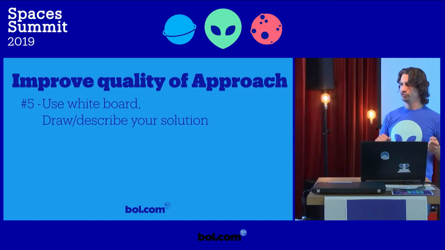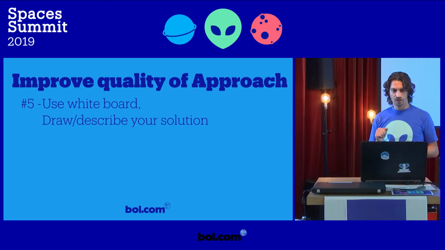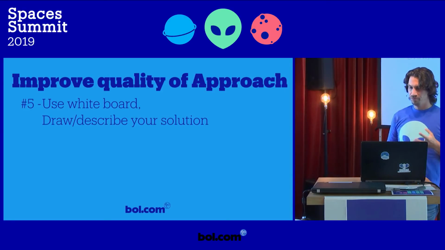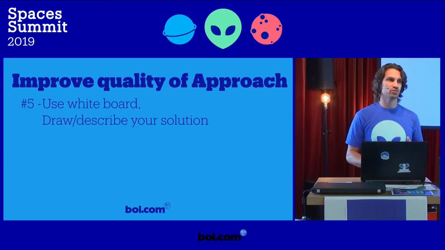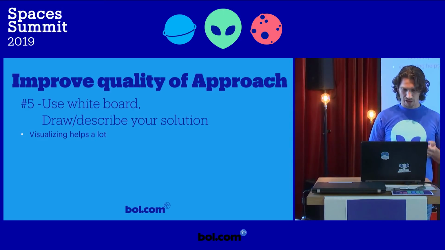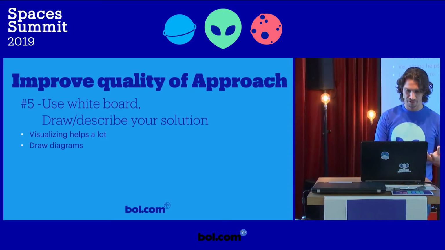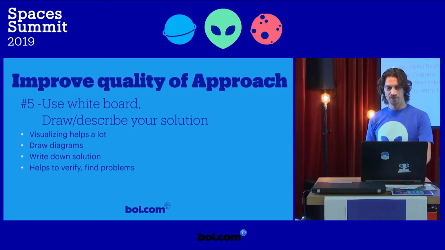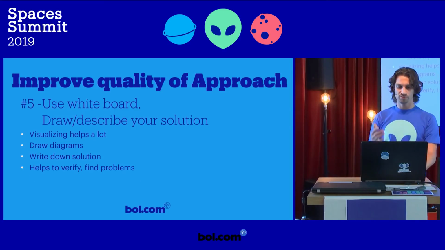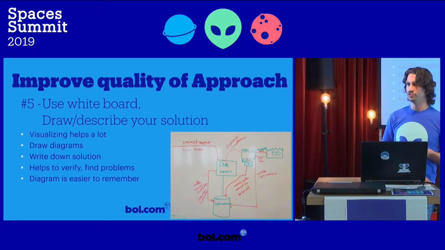This one I really like a lot. Use the whiteboard. We use the whiteboard a lot in our team, and we use it to draw and describe the solutions that we build. I really believe that visualizing helps you to come to the right conclusion, the right solution. So we draw a lot of diagrams, we write it down, and it helps us to verify and find problems.